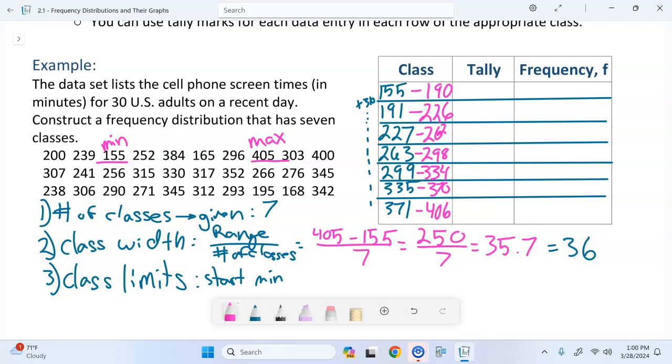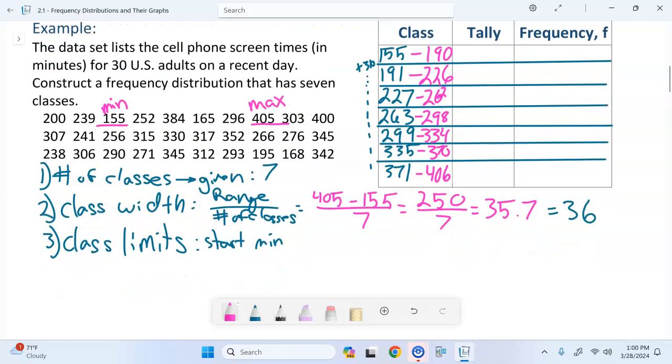Now that we have all of our class limits, we can count the values, and we can tally them up. So starting with 200, which class is the number 200 going to fall into? The second one, 191 to 226.